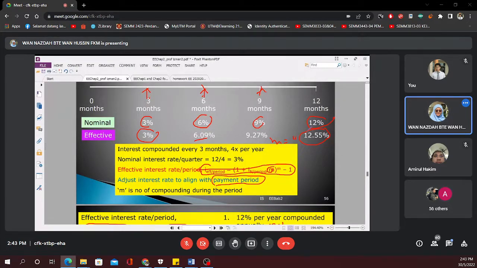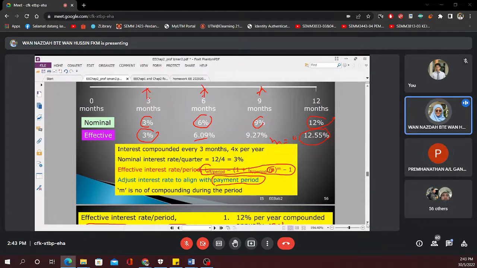Okay? Faham tak? Faham? Doktor. Okay, go ahead. Tanya. Saya tak faham yang interest rate yang doktor cakap. Macam mana yang effective interest rate dia berlaku. Okay.